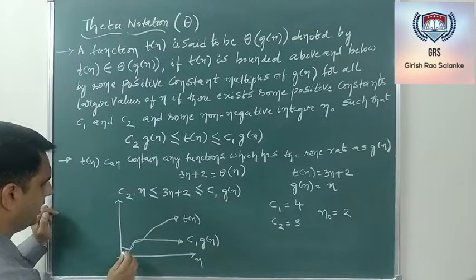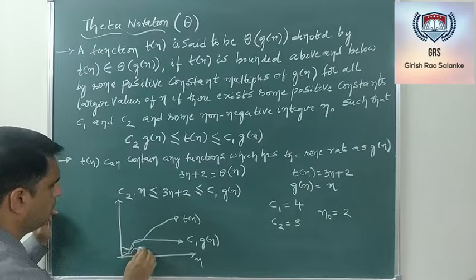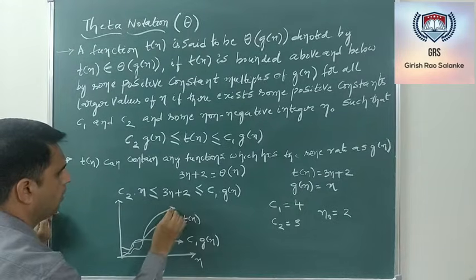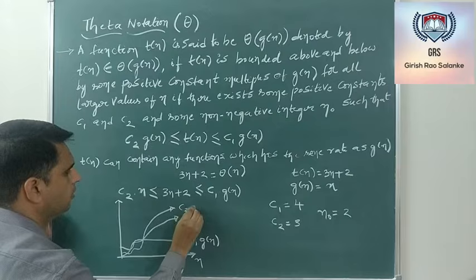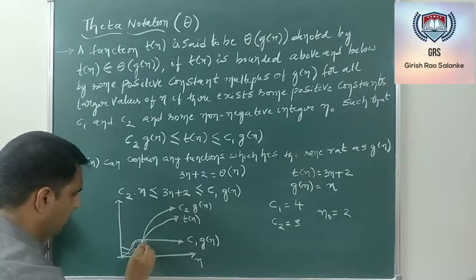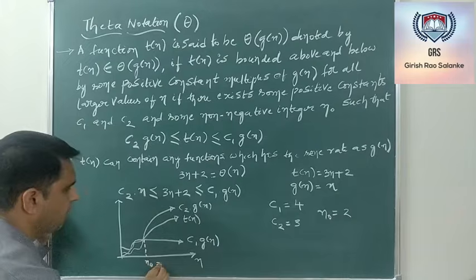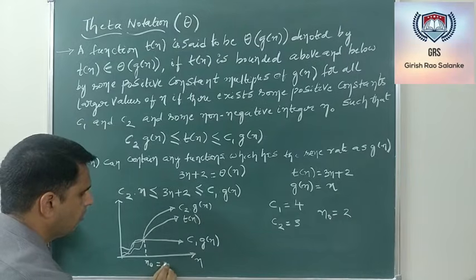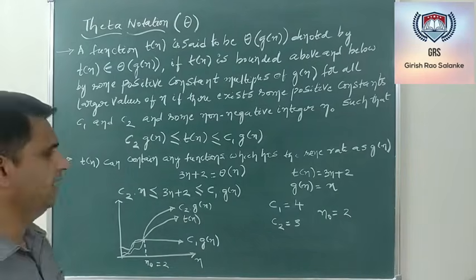Coming to this particular part, this is C2 into g of n. And this was my N0, wherein my N0 value was 2. So this should be clear.